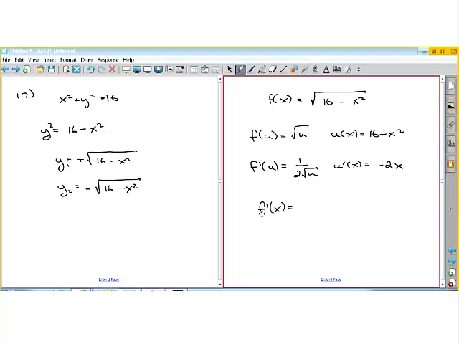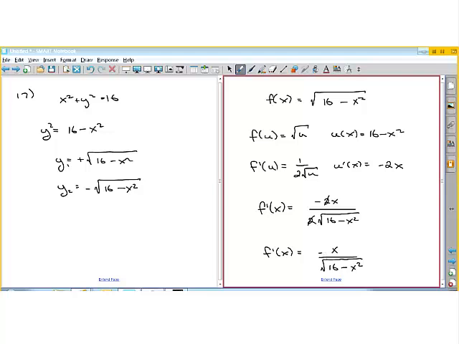So f prime of x is negative 2x divided by 2 times the square root of 16 minus x squared. You can see the 2's cancel out, and the derivative is negative x over the square root of 16 minus x squared.